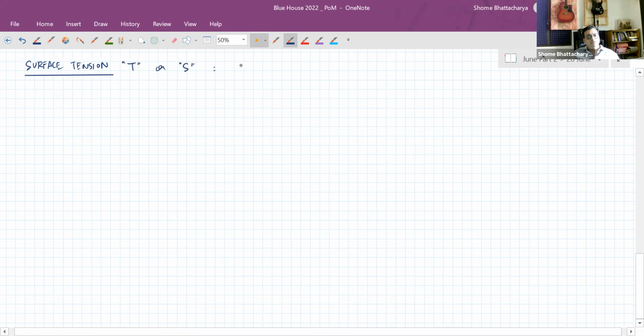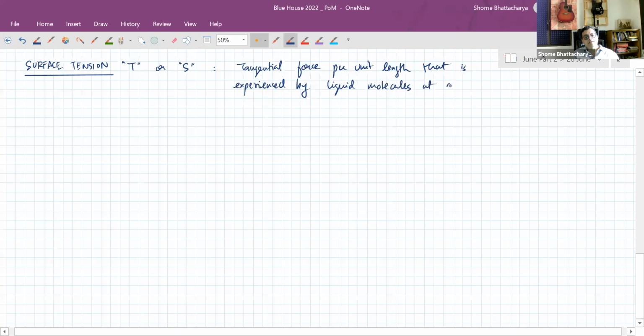So this is the tangential force per unit length that is experienced by liquid molecules at a surface, and it is a material property of a given liquid.